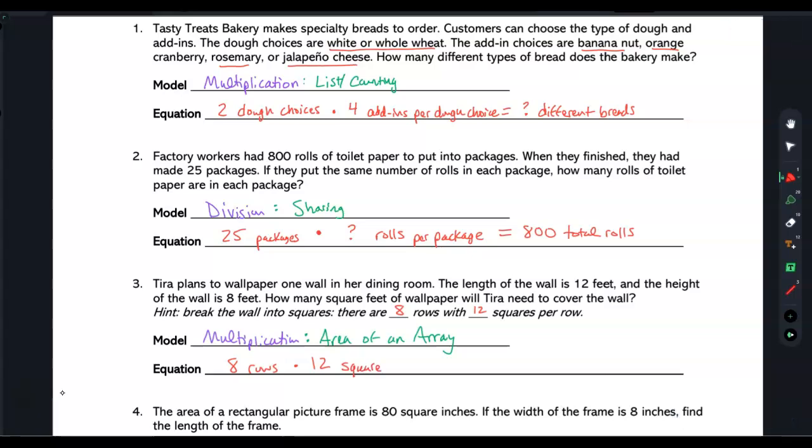Or if you wanted to say square feet per row, that's fine. Or technically, is this square feet or square inches? It's square feet, yeah. So square feet per row, and then that would equal the total number of squares.